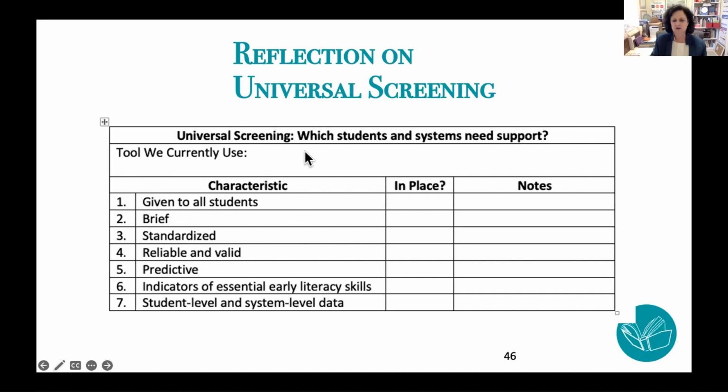Does your current screening tool share those characteristics? Is it in place or not? Jot down some notes about that. Is there something that you might need to change about your current screeners? Or are you just thinking about adopting a screening tool? Those criteria would give you some things to think about when making those selections.